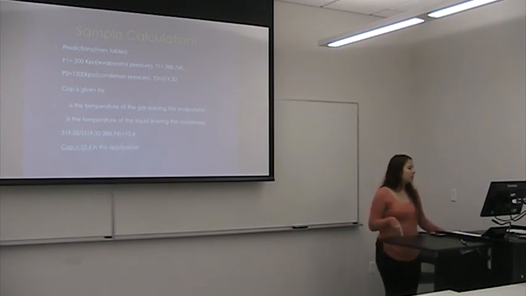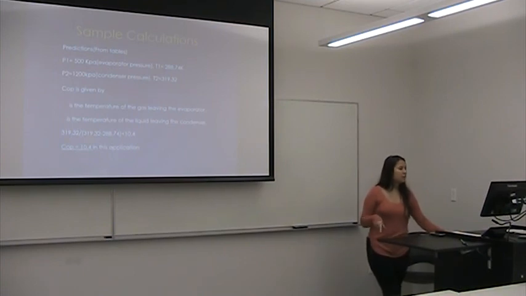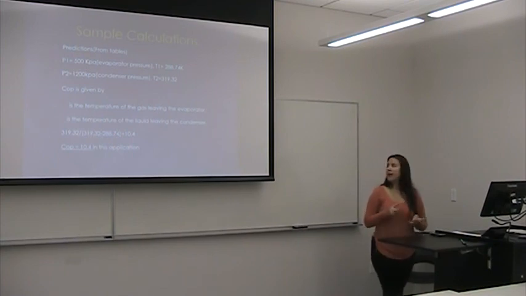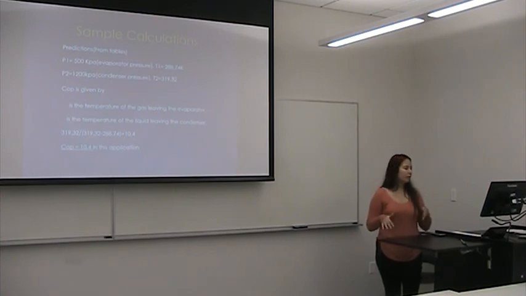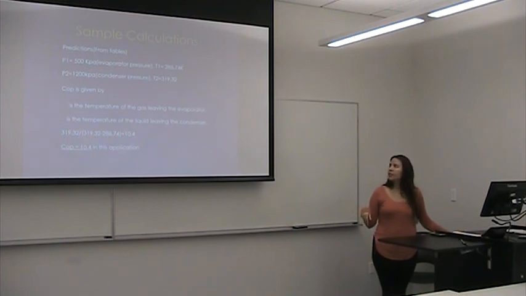And COP is given by TH over TH minus TI, where TH is the temperature of the gas leaving the evaporator, and TI is the temperature of the liquid leaving the condenser. Plugging those values into the equation, I got a COP of 10.4 in this application.